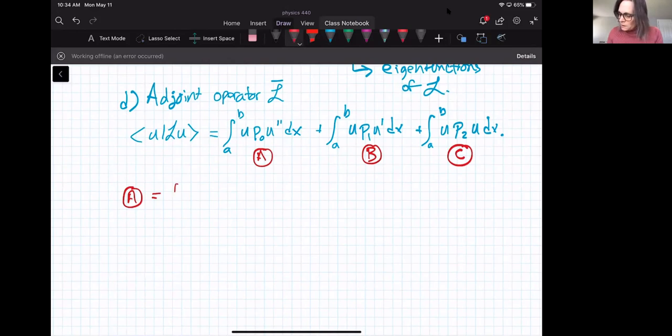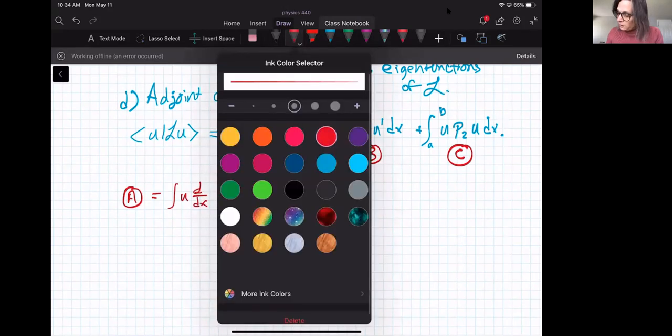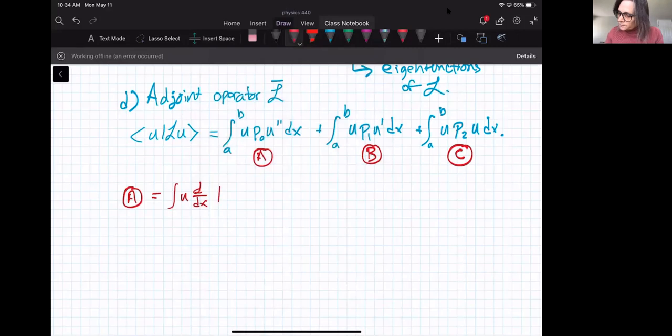So this is, and just ignoring for the moment the endpoints, this will be u d dx of p naught u prime minus u p naught prime u prime dx.